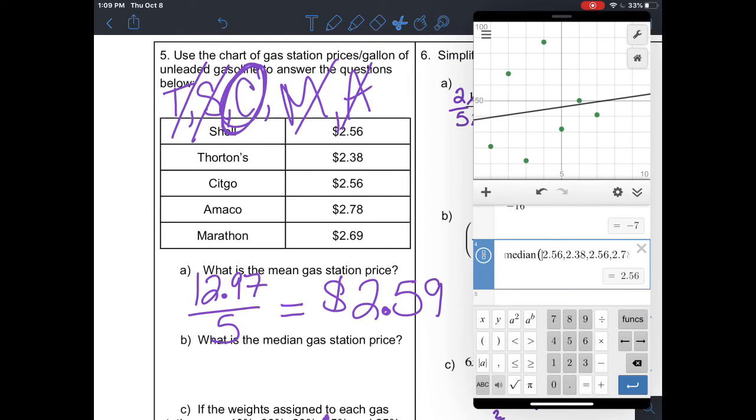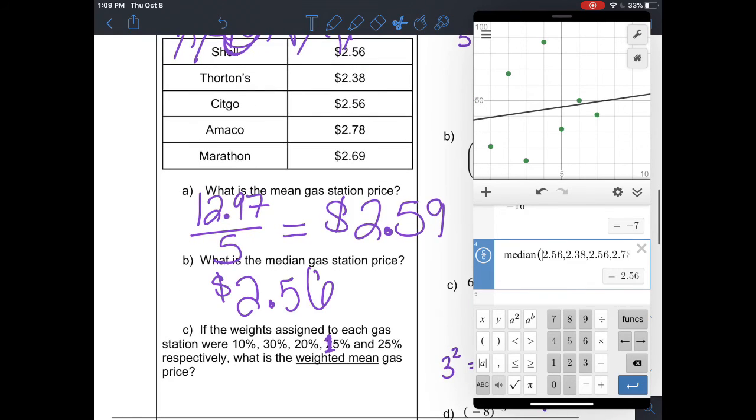What I did up here at the top is I listed them from least to greatest, but instead of using the numbers, I used the first letter of the gas station's name. So Thornton's was the cheapest, then Shell, then Citgo, then Marathon, and then Amoco. And then I just found the middle price, which is $2.56. Same thing that I just got on Desmos, $2.56.